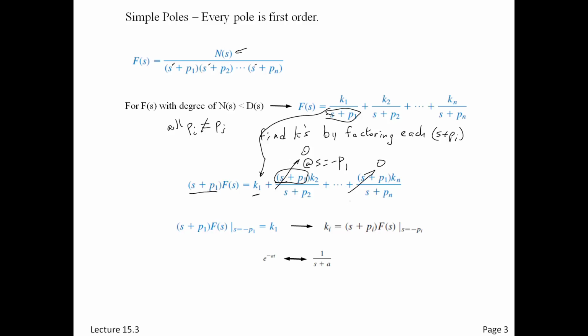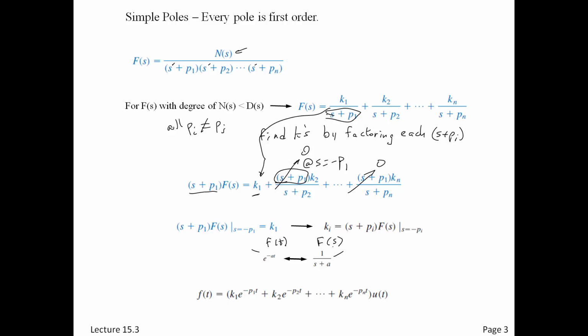I go back to my table and I find out 1 over s plus a, this guy, corresponds to this guy, right? This is f of t from the table. This is f of s for that one term, right? So imagine now, how am I going to put the whole thing together, my complete f of t, since I broke it up as the sum of a bunch of fractional components?